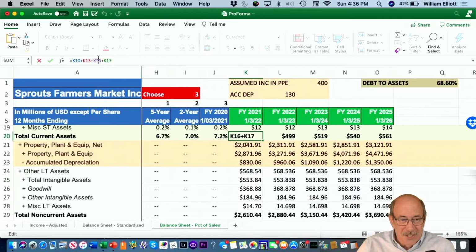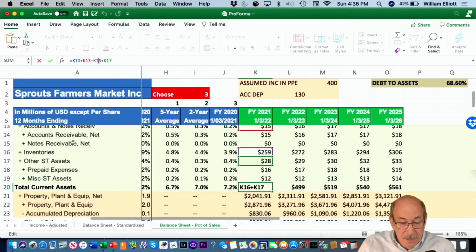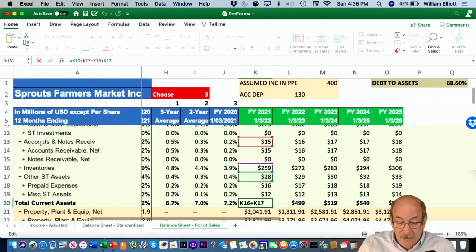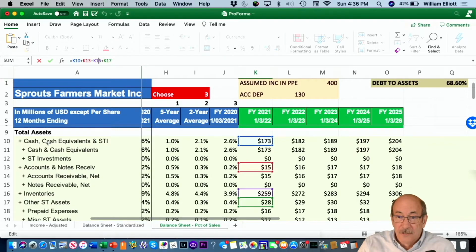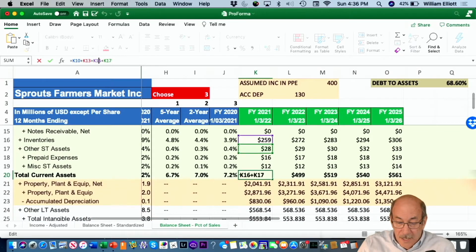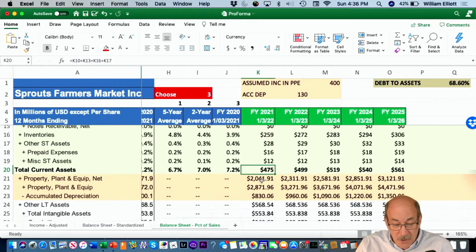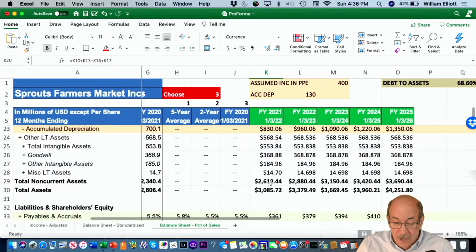So any of these that are sums of the sub-accounts, you want to code that into Excel as an equation. So here I have added up the other short-term assets, the inventory, the accounts receivable, and the cash. And that value comes out as my total current assets. And I want to do that with all of these subtotals. So I did the same thing here.